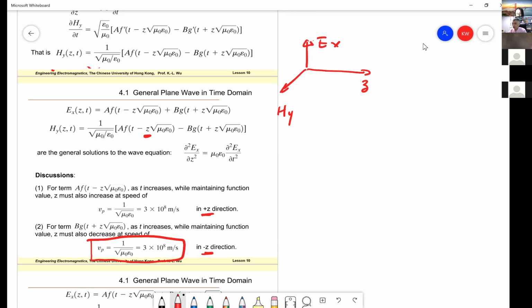Not only do we have the assumption for these two components, we know partial y equals 0 and partial x equals 0. Those are also conditions to describe this wave.